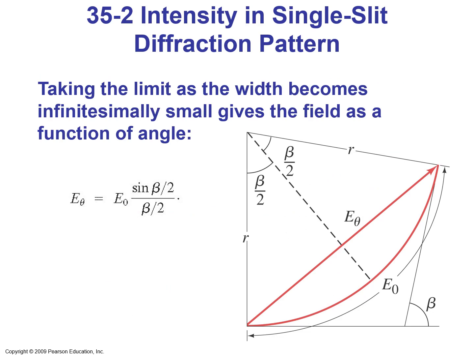Taking the limit as the width becomes infinitesimally small gives the field as a function of angle. So if those wavelets or strips are infinitesimally small, you'll have a curve, and E theta, the intensity at point and angle theta, is equal to E naught multiplied by sine of quantity beta half divided by the quantity beta half, and beta is the angle of diffraction.